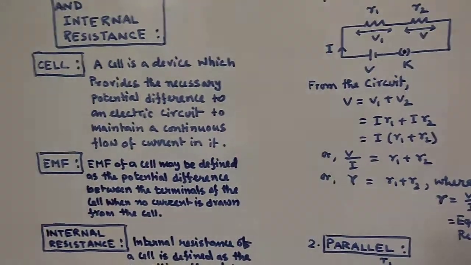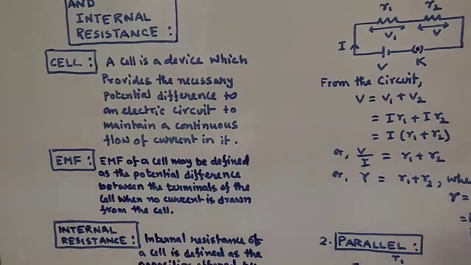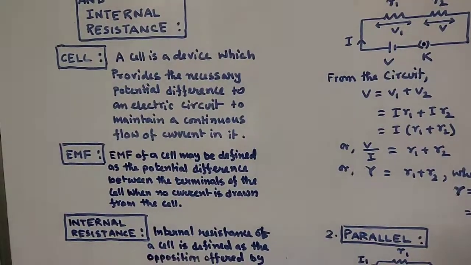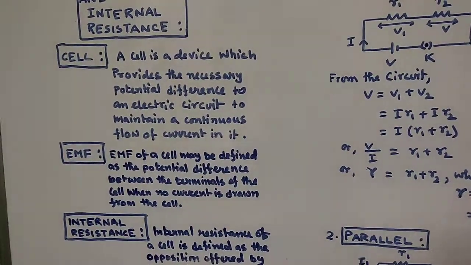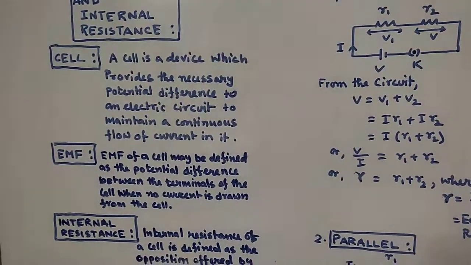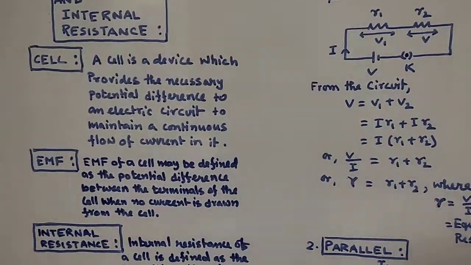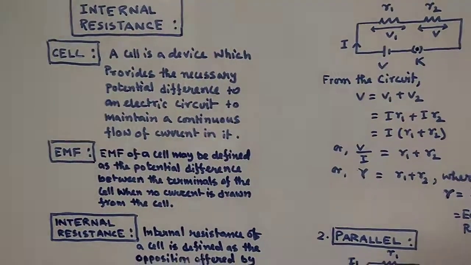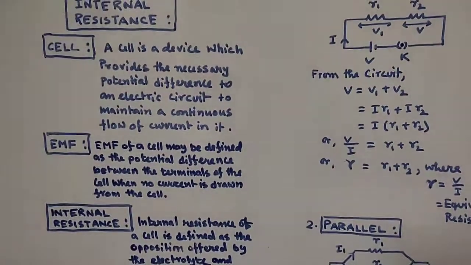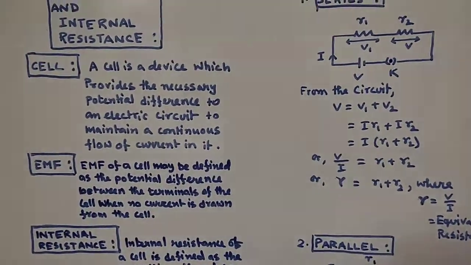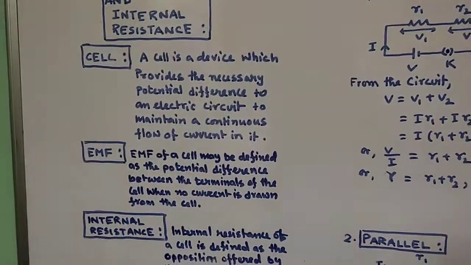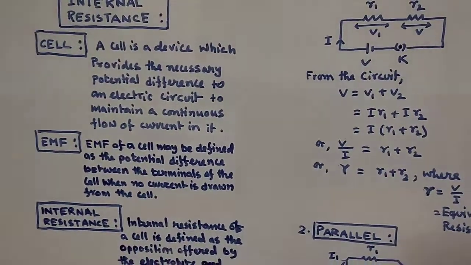But as the energy starts flowing from the cell, it is no longer EMF, rather it is terminal potential difference. This part we will use later on in our coming topic to derive the expression. So you can say EMF is the maximum value of terminal potential difference.